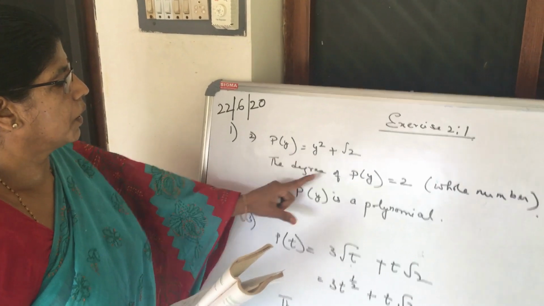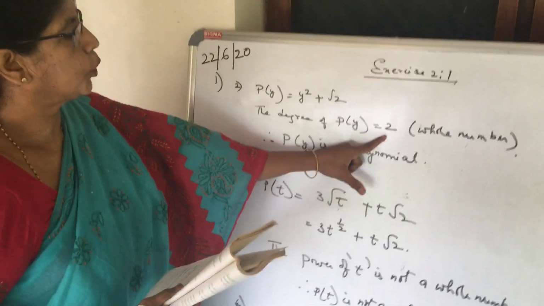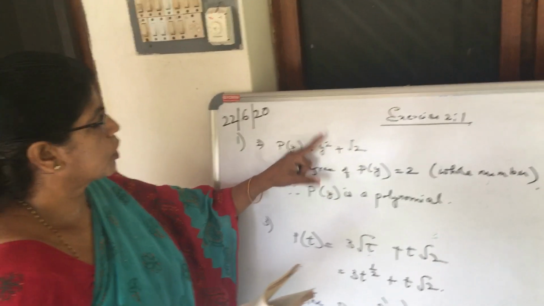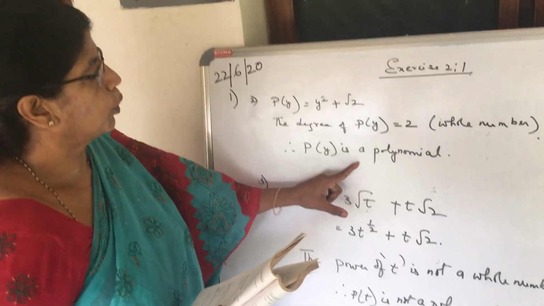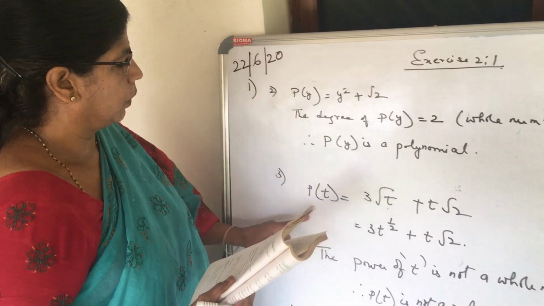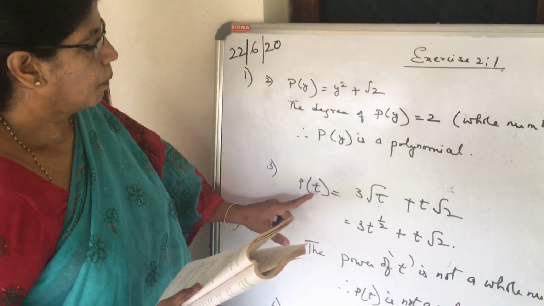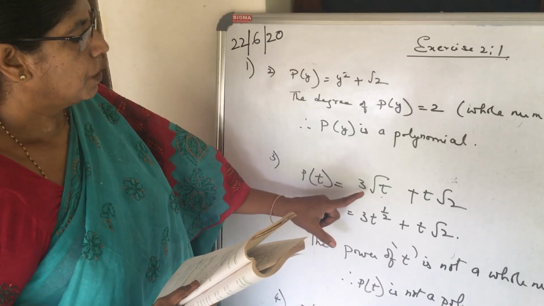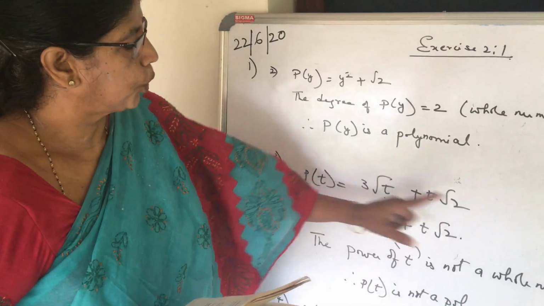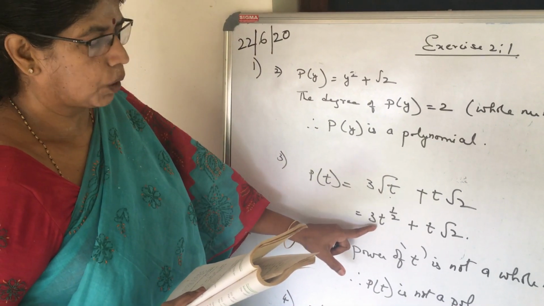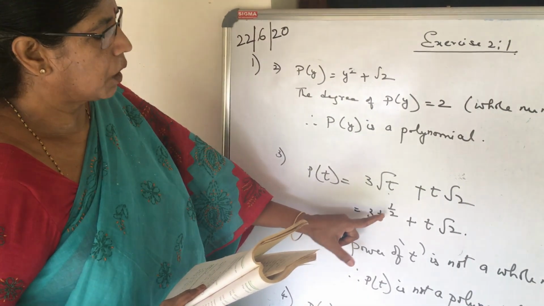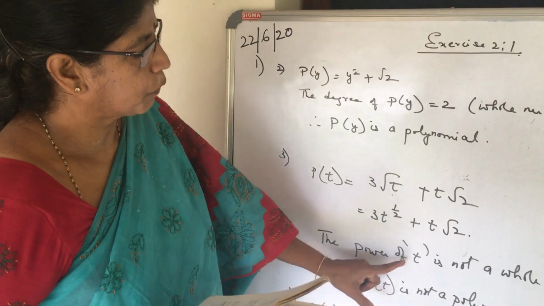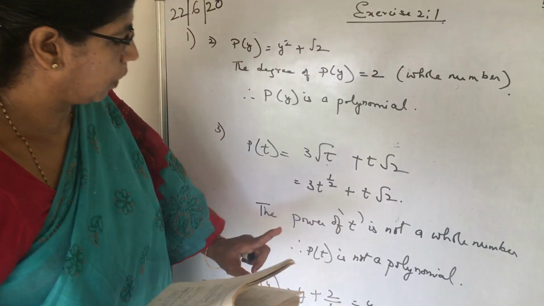Second bit, the degree of p of y is equal to 2. Y power is 2. Therefore, it is a polynomial as 2 is a whole number. Third bit, p of t is equal to 3 root t plus t root 2. Root t means what? t power half. The power of t is not a whole number.